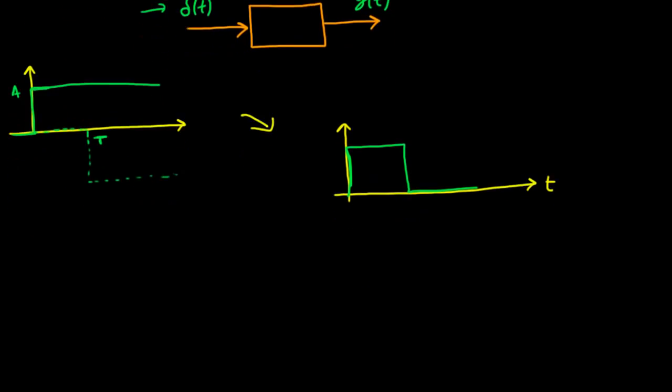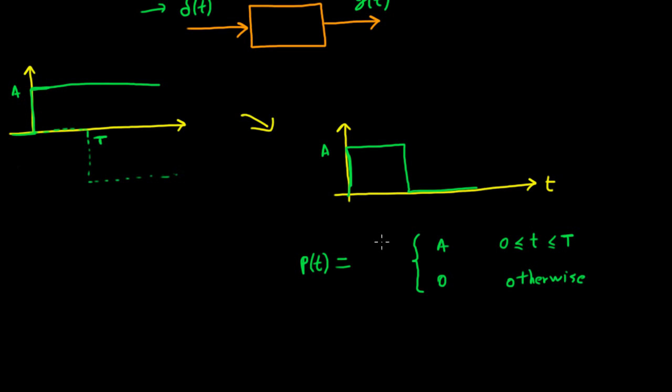This function is defined by, well, let's call it p of t. This is equal to just a when 0 is less than or equal to t less than or equal to capital T, and 0 otherwise.